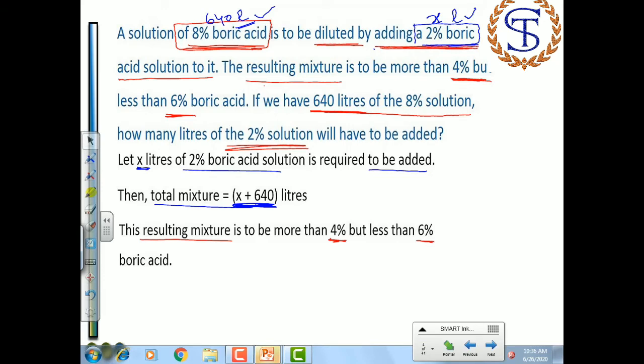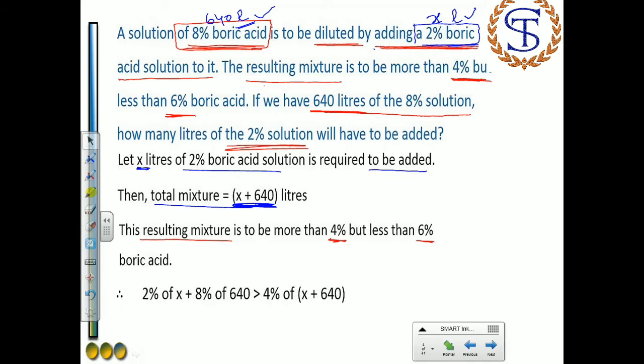So according to the question, 2% of X. Why have we taken 2% of X? Because the total solution of this type is X liters, and in this X liters only 2% is acid. So 2% of X plus 8% of 640.